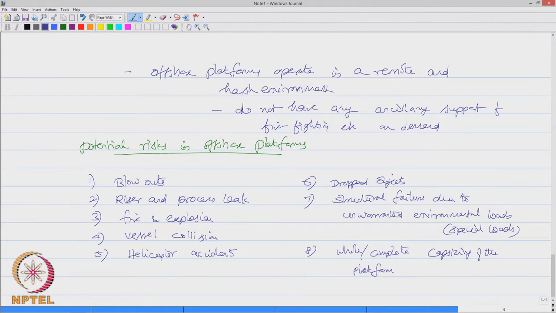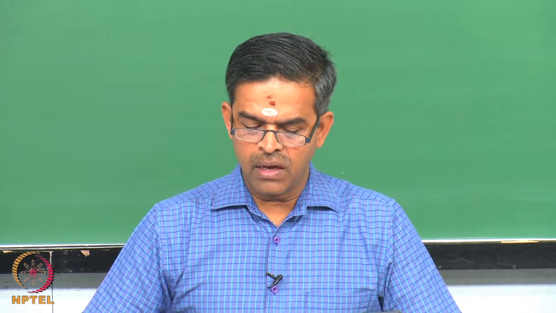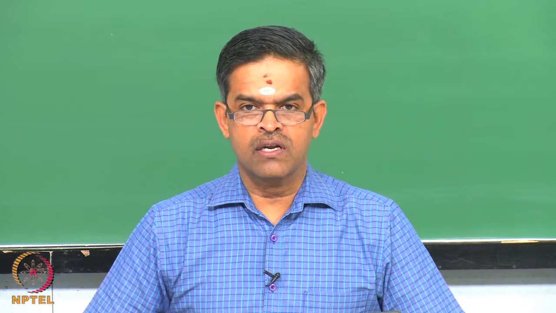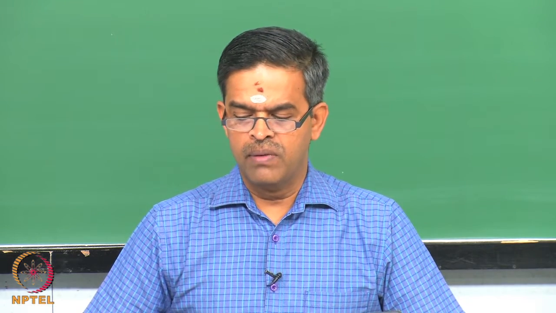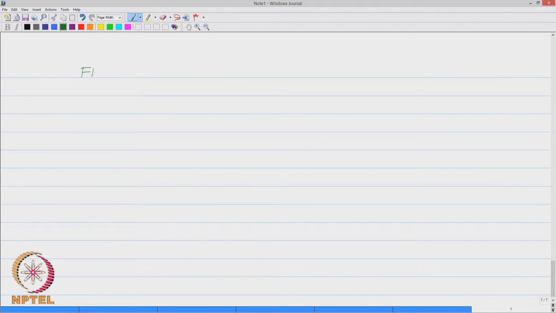So, interestingly, there are large levels and variations in the risks involved in offshore platforms, but one can see here that there are a wide variety of potential risks in offshore platforms as listed on the screen just now. Out of which, let us pick up fire risk.